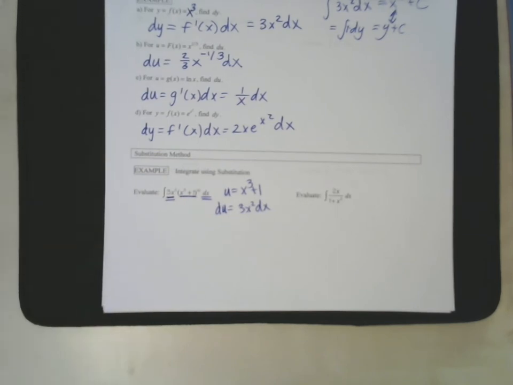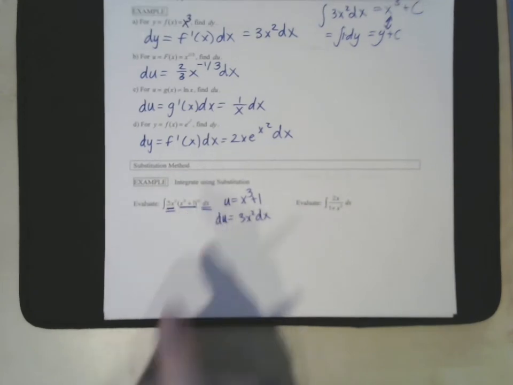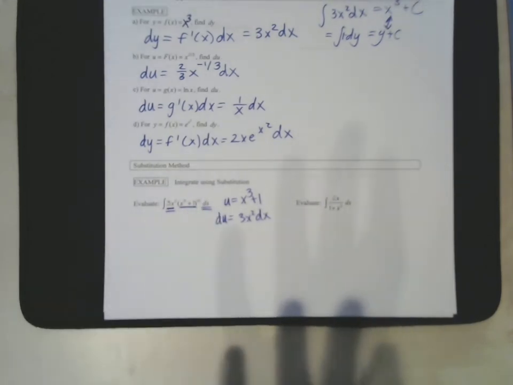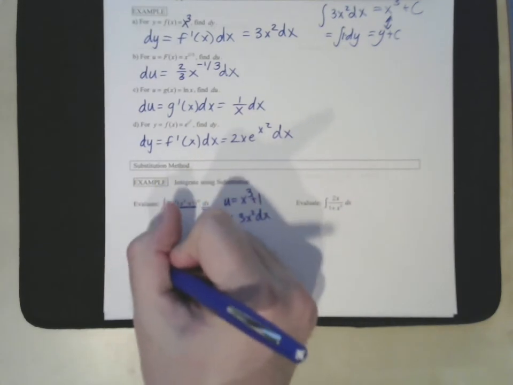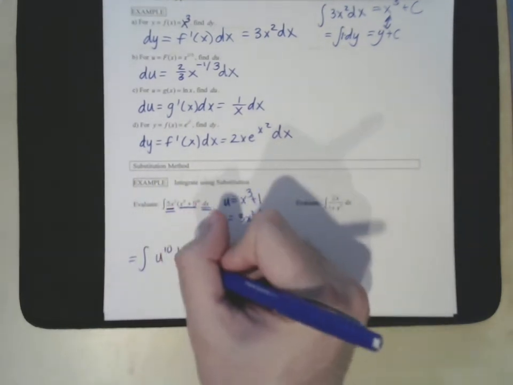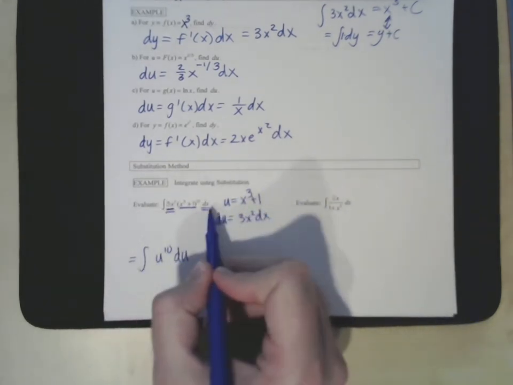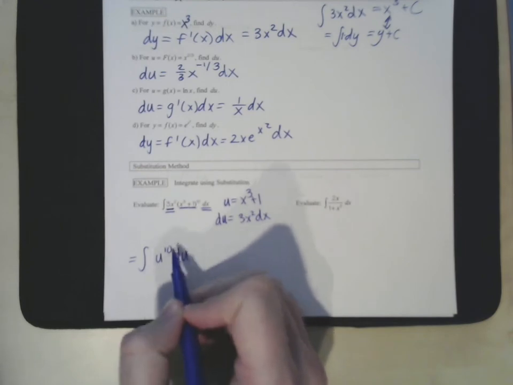Multiplication is commutative, so we can put these two together. So if I substitute, hence the name of the technique, this is the integral of u to the 10th du. The du sucks up the 3x squared and the dx into 1 du. We have u to the 10th.